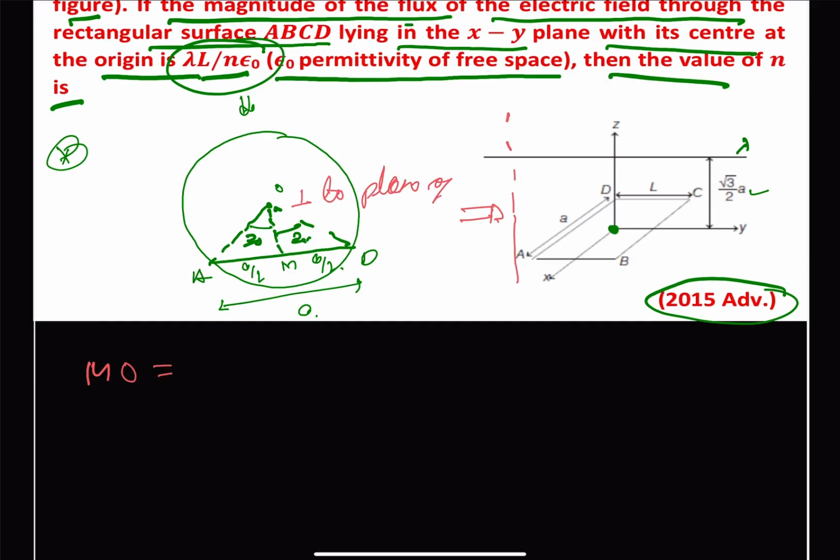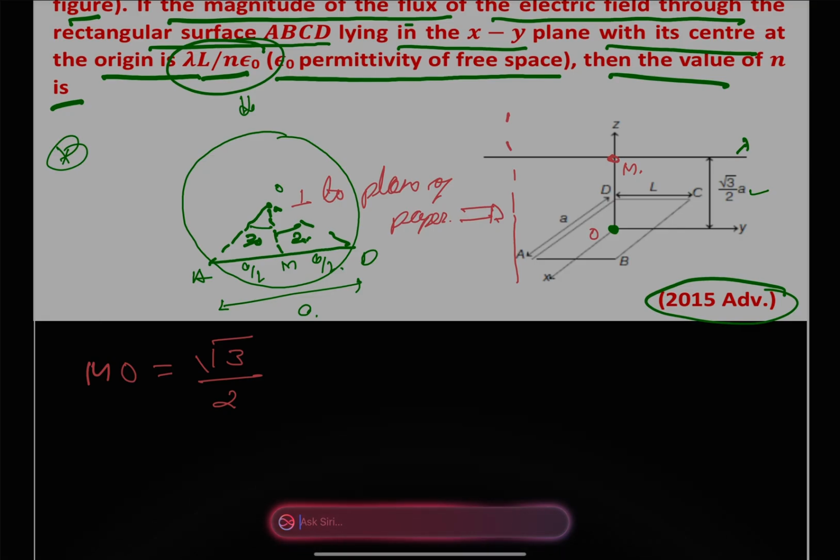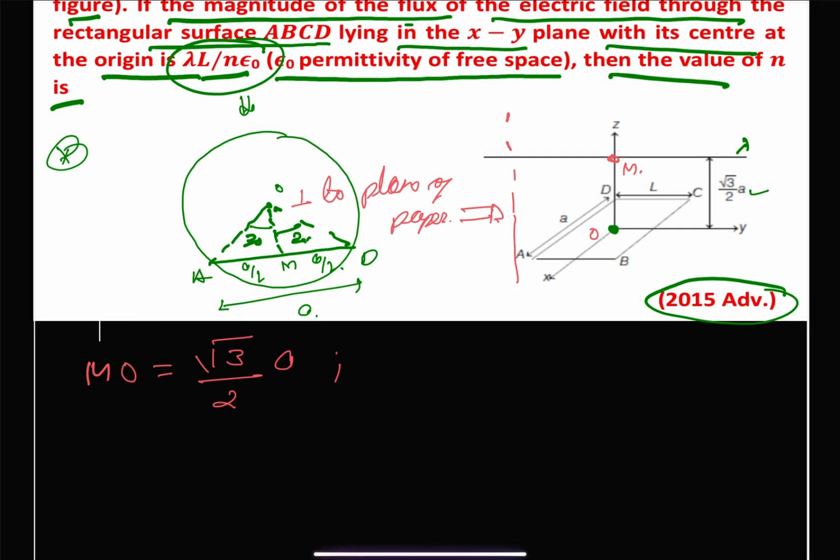Therefore the distance, this MO, okay, so this is our point O, and from the side if we look, this point will be our M. So we get MO will be equal to root 3 divided by 2, multiplied by A, and we have AM as A by 2.